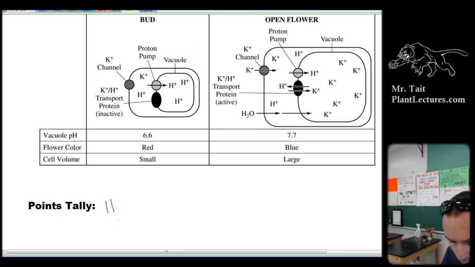And the last point was 4. It says, the researcher claims that the activation of the K plus H plus transport protein causes the vacuole to swell with water. Provide reasoning to support the researcher's claim. Well, if we are increasing the amount of K plus ions in the vacuole, right, that means that we are increasing the solute concentration in there.